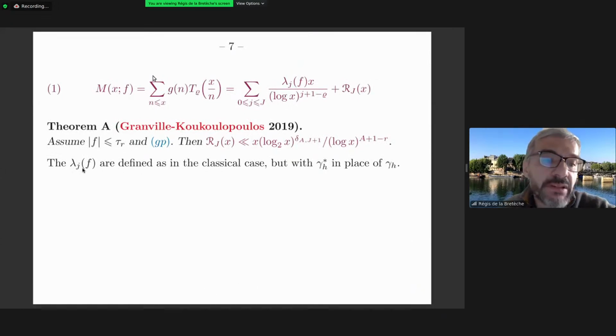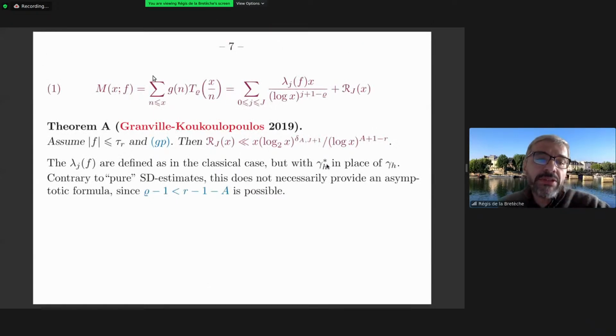So lambda j of s are defined as in the classical case, but with gamma h star in the place of gamma h. Okay.